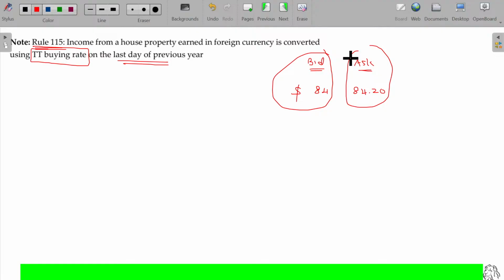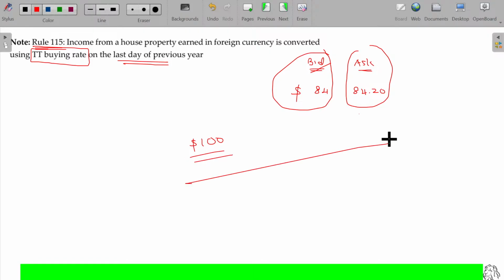So if you plan to go to a foreign country, you need dollars. While purchasing dollars from the banker, he demands, say, 84 rupees 25 paise per dollar. If you are bringing dollars from a foreign country and want to sell them, the banker will take them at only 84. So this is the bid rate or buying rate, from the point of view of the company, the trader. So you have $100 revenue for letting out.